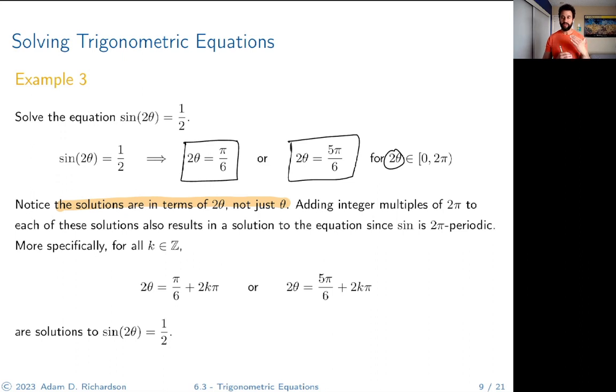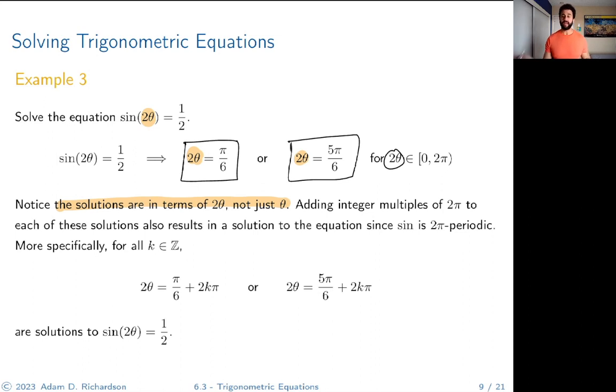And what we found is angles where the vertical displacement was 1/2. So what we really got was sine of this thing is 1/2, and so that means that this thing is going to be pi over 6, or 5 pi over 6. All right? So it's a little bit subtle, but just remember we're trying to find where the vertical displacement is 1/2. And then we'll get to the solution for theta in just a minute.